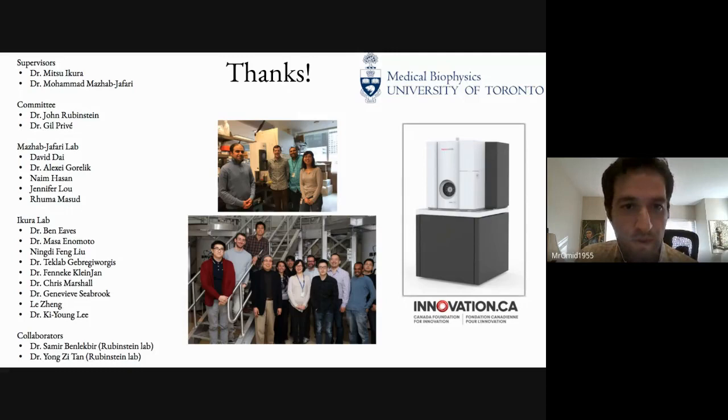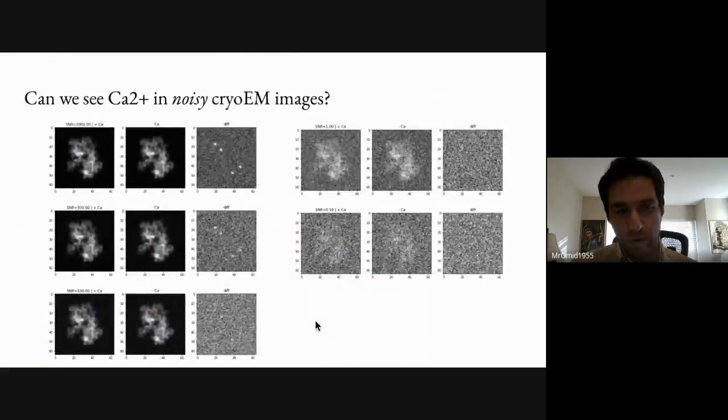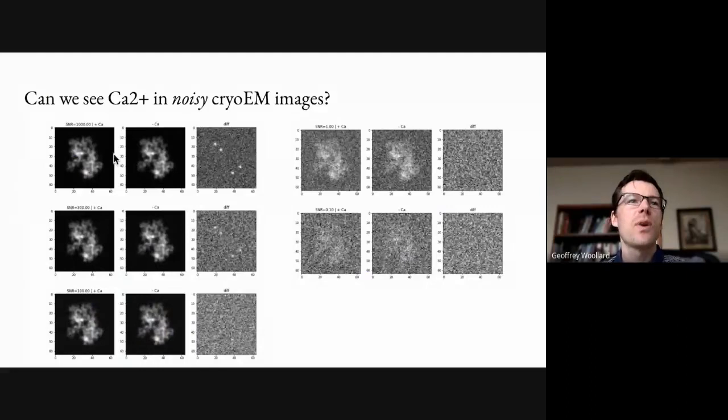I just had a question regarding the seeing calcium slide. Obviously, you said you can't see them in noisy images, but I just want to make sure I understand it correctly. Those images that you're showing that you can see calcium, these are average particles or just micrographs? No, this one is simulated. So this would be the equivalent of a very clean 2D class. I see, just a simulated projection with super minimal noise.